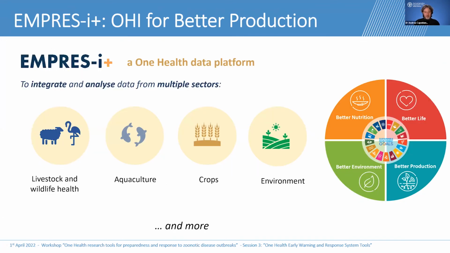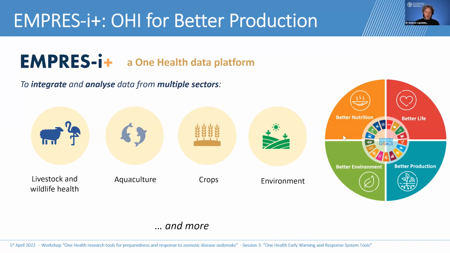So EMPRES-i Plus is aiming for a One Health intelligence that can provide better production. It has been improved, implemented, and updated, thinking to become a One Health data platform to integrate and analyze data from multiple sectors.